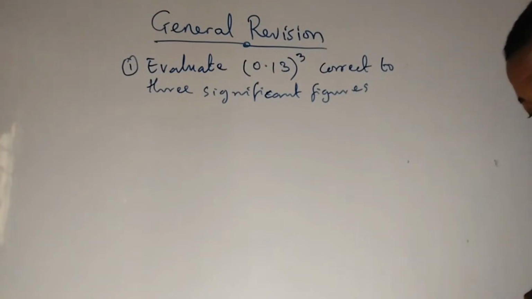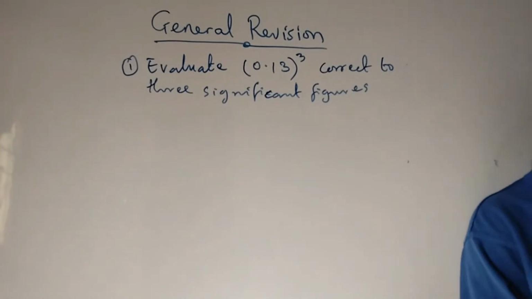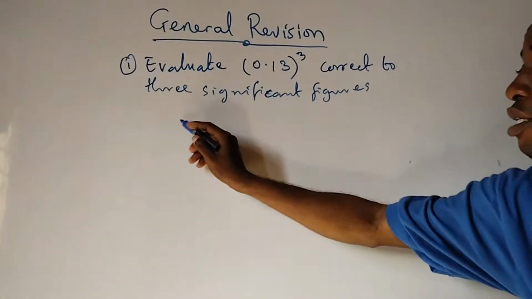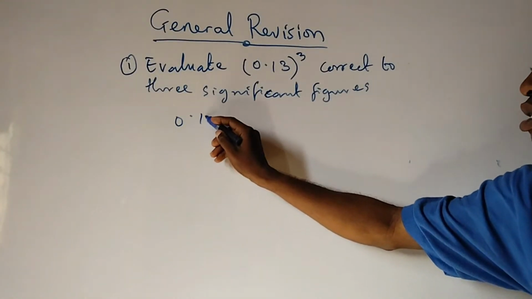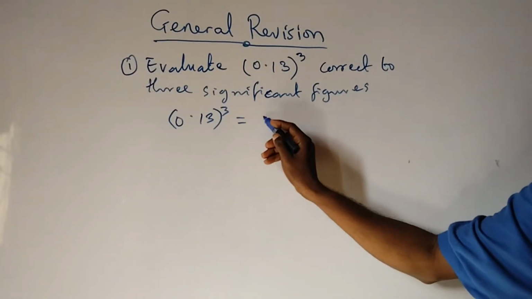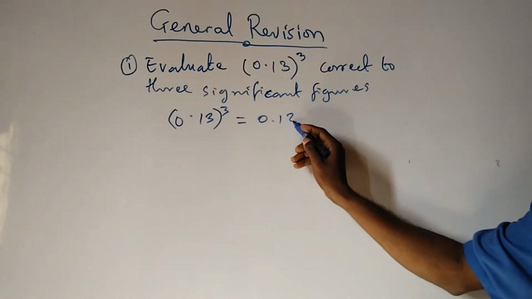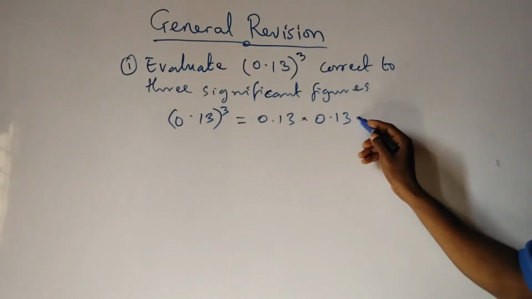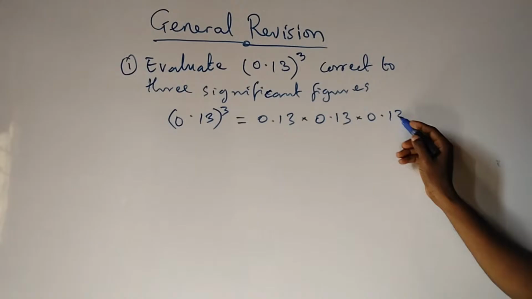Okay. Now, here we can use calculator and get this. And also, we should understand that 0.13 all raised to power 3 is still same thing as 0.13 times 0.13 times 0.13.